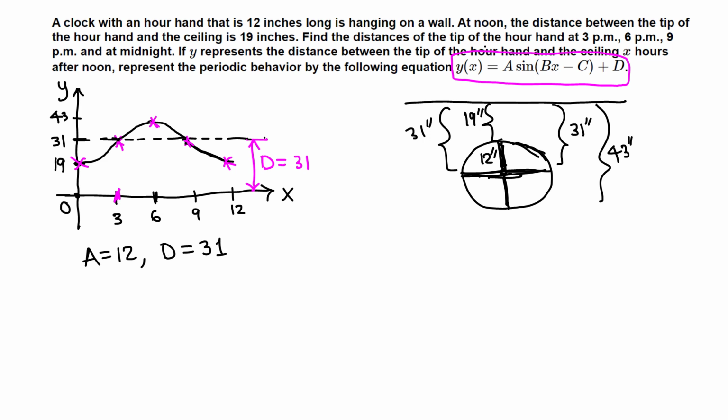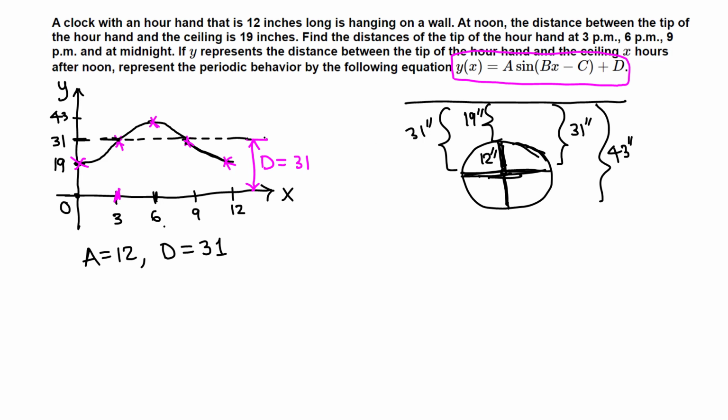We need to determine the constants A, B, C, and D. A is the amplitude. In fact, this is absolute A equals 12, but we don't have to worry about the positive or negative because Bx minus C, the shift, will take care of the sign. So A is 12, D is 31.